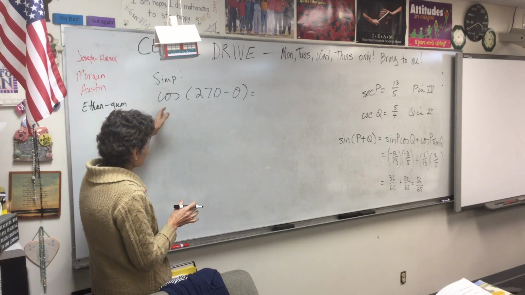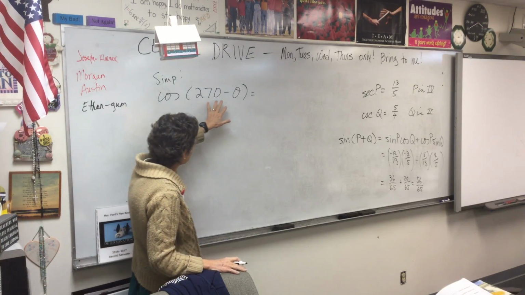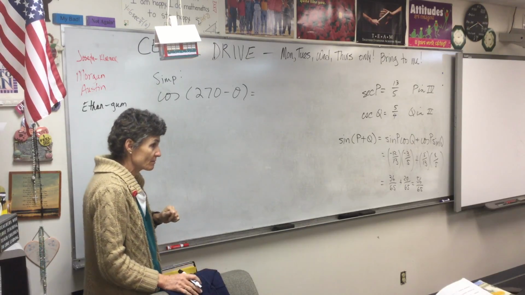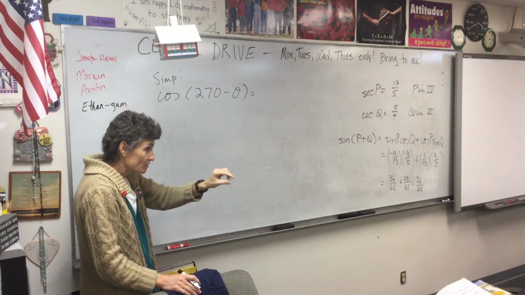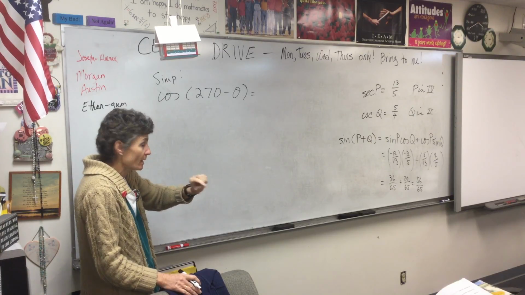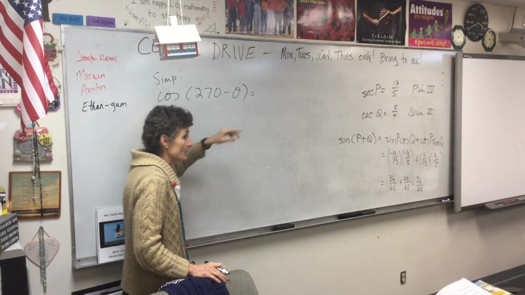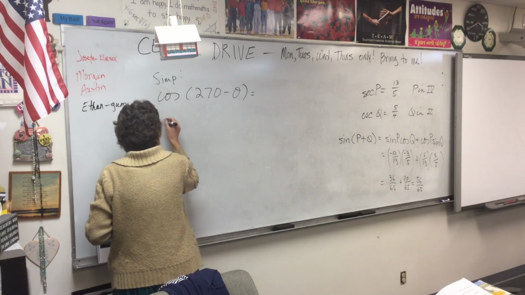Whenever you see sine, cosine, tangent, and then a sum or a difference, you've got to think about your U plus V formulas down there, okay? So this is a cosine, and that's a minus problem. So what's popping into my head?